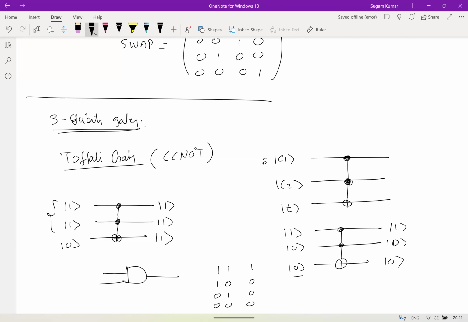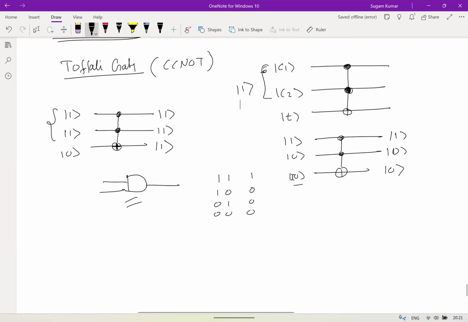So it is like an AND gate. Only when both control bits are in the 1 state is the target qubit going to change, or flip its spin. That is called the Toffoli gate.